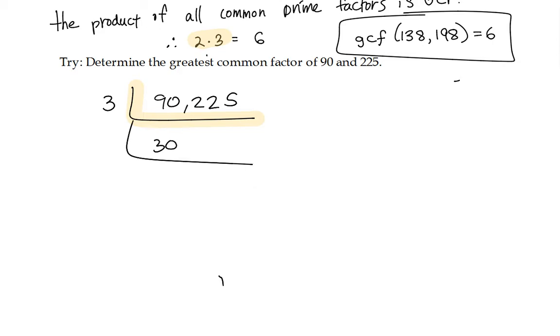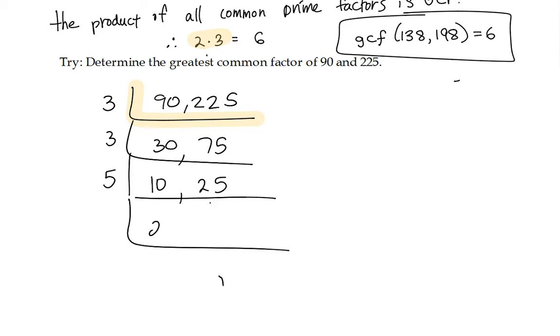First one I can do in my head, the second one I can't, so I use my calculator. That's 75. Does 3 work for these ones? Yes, it does. Even though I knew 5 worked, I'm just going to check to see if 3 works. That way I'm being systematic. Then I get 10 and 25. Now I'll go to the 5, and I'll get 2 and 5.